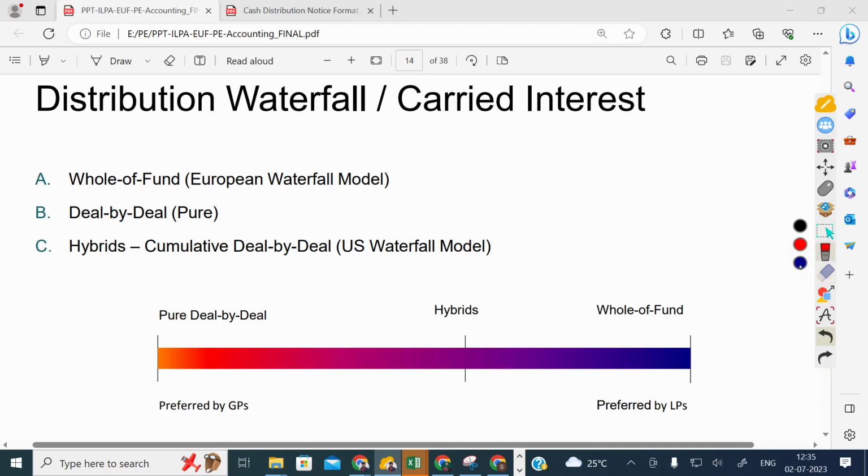So basically, it's average. It means it supports both. I believe the hybrid model carries the features of this as well as this also. That becomes your hybrid model. So it means it offers the features of both whole fund and deal by deal fund.